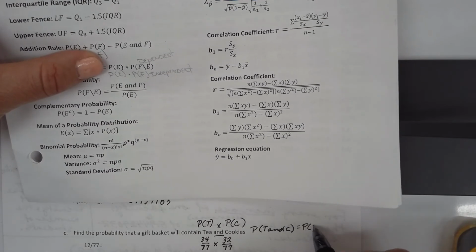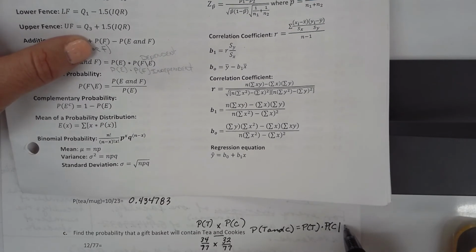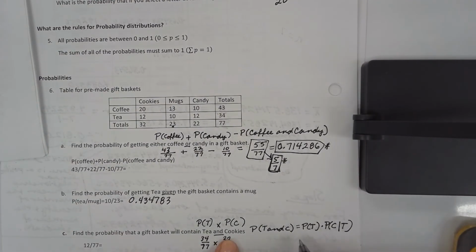So probability of tea times the probability of cookies given that we have tea.